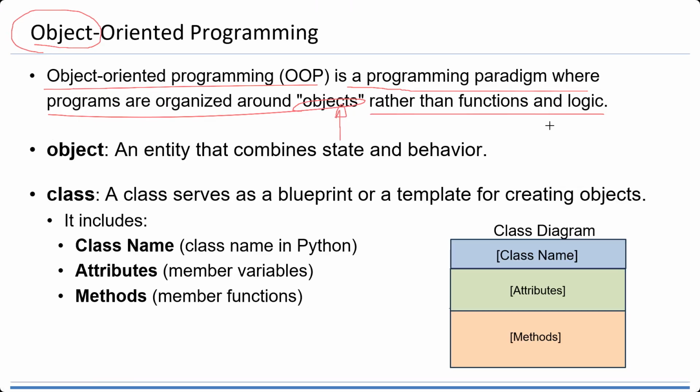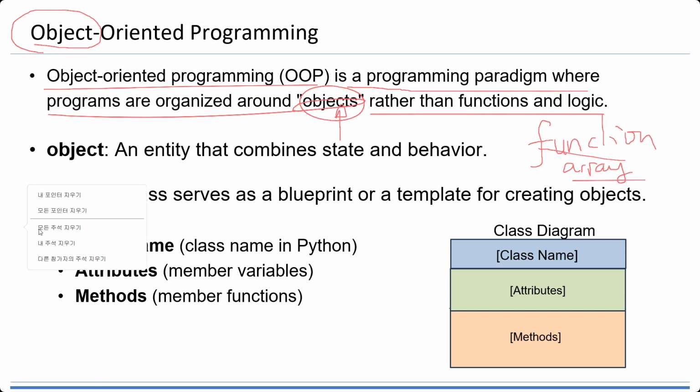So you learned already about function. You learned already about the array. But now we are going to go beyond this function and array. We are going to learn what is the object. We call it object.